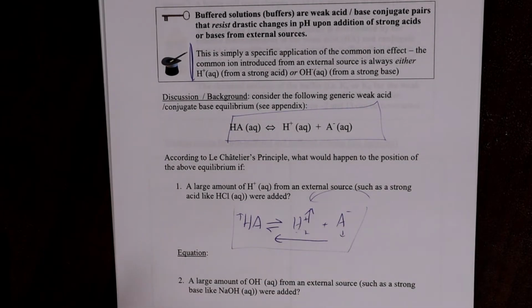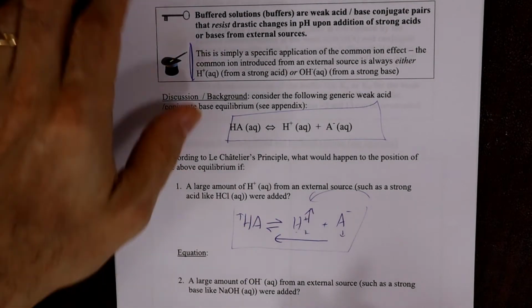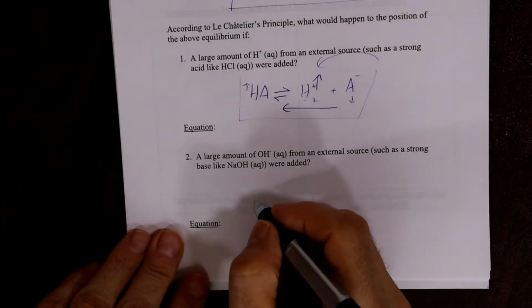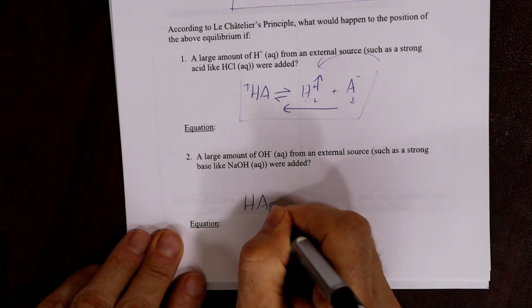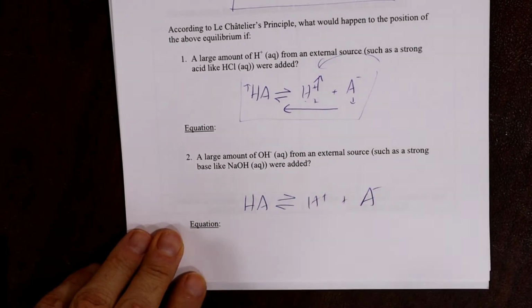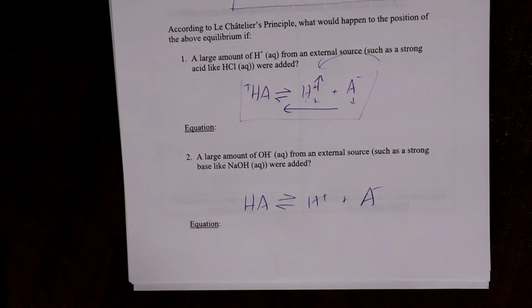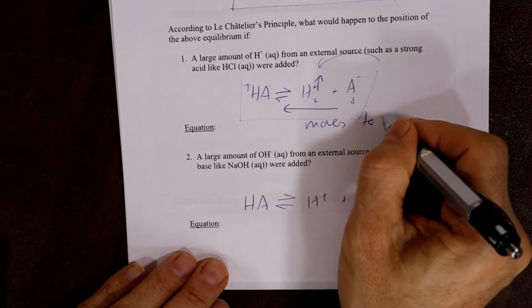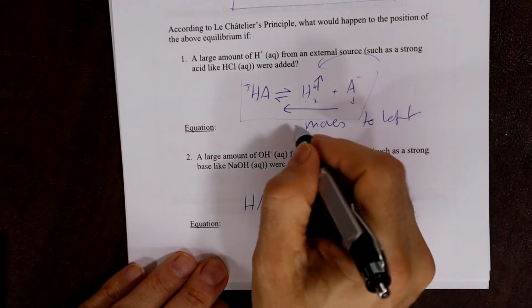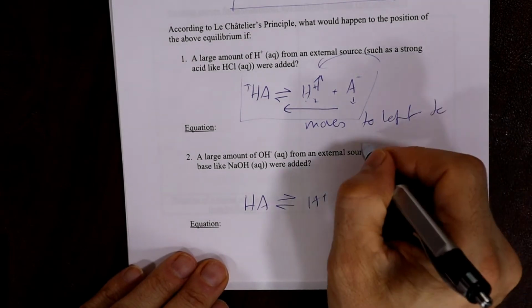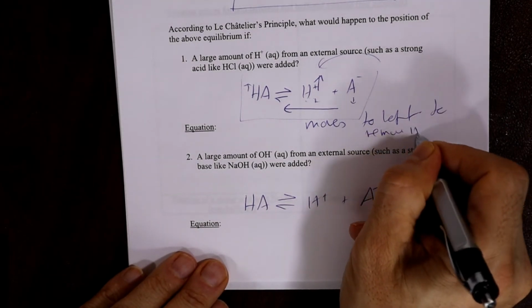The harder one to understand is resisting base. So let's go back and look at the equation again, but with base. There's my generic. Now think about it. I forgot to mention it, should have written it down: in the top one, we move to the left to remove H plus.